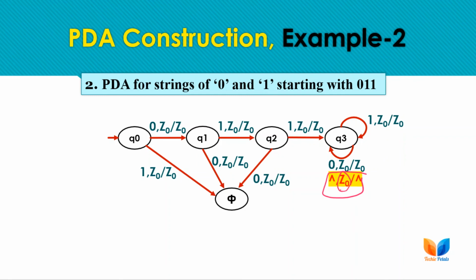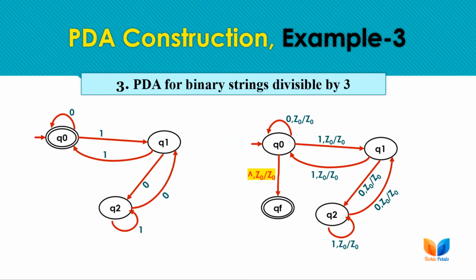For the second question, here we have to construct a PDA for the binary string divisible by 3. So for this the equivalent DFA is this, with 3 states Q0, Q1, Q2, and the initial state is the final state here. And for this question we are going to show the acceptance by final state. So for that purpose we need to mark one extra state for the final acceptance, because we cannot show multiple transitions for the final state.